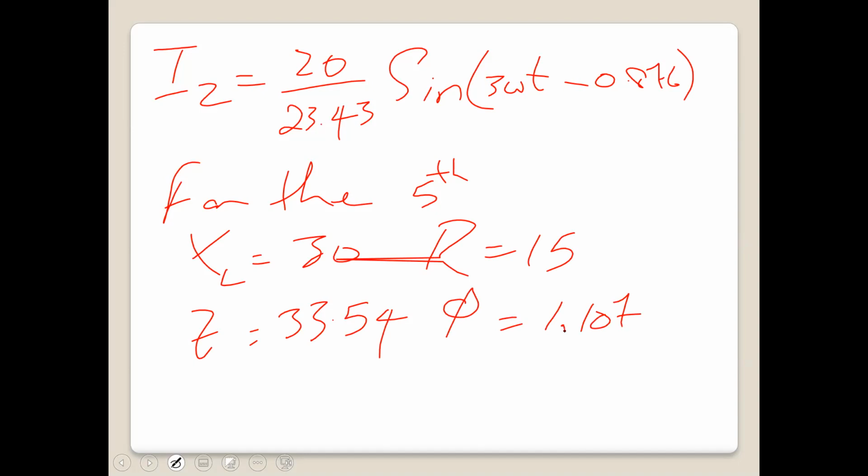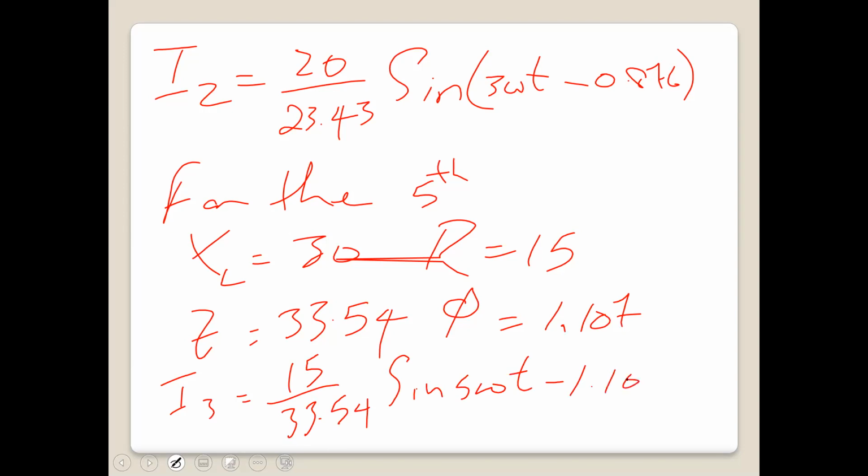So it means that I5 will be 15 over 33.54 sine 5 omega t minus 1.107.